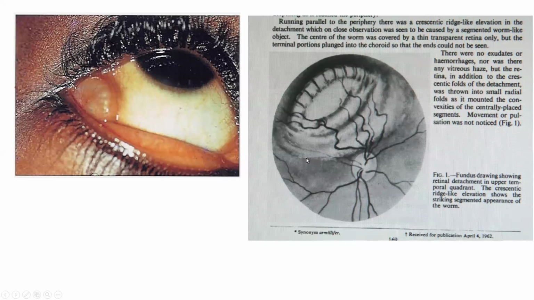And then this was an old publication, I think the British Journal of Ophthalmology, showing a fundoscopy and a sketch of one of these parasites below the retina at the back of the eye.